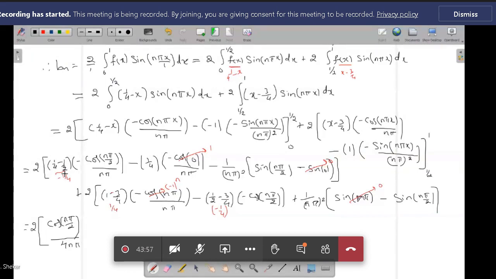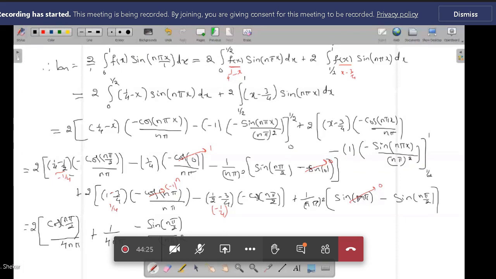So this is 1 by 4 into n pi, 1 by n pi is 1 by 4 n pi. So here it is minus into minus plus, cos 0 is 1 divided by 4 n pi, and then minus, so negative sign, sin n pi by 2 divided by n pi whole square.